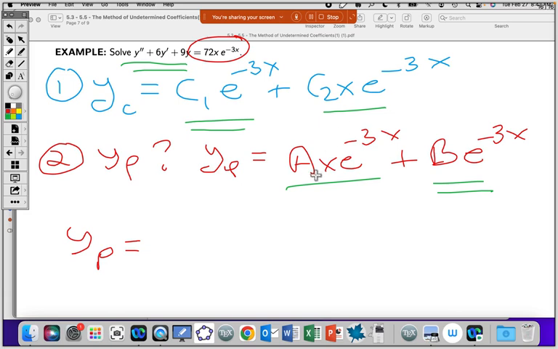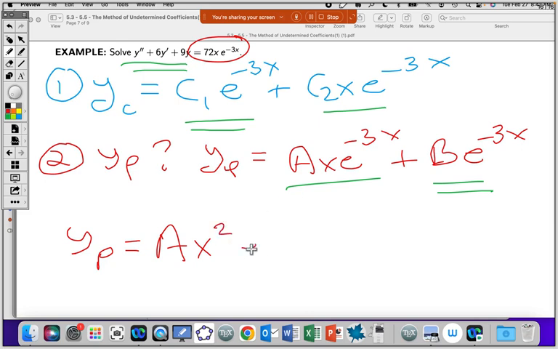X's. Now, if I multiply through by x, I'd get an ax squared here, which is no longer represented here, so that's good. But then I'd have a bx here, which is represented here. So I actually have to slap on how many x's here to get this to work? To eliminate the duplication, I'm going to need what?